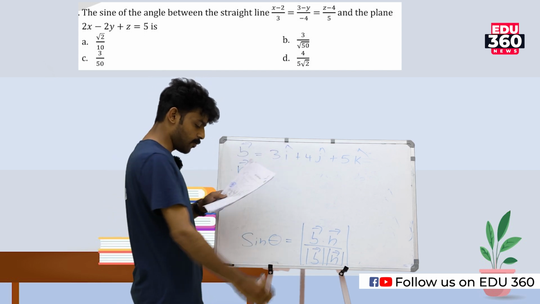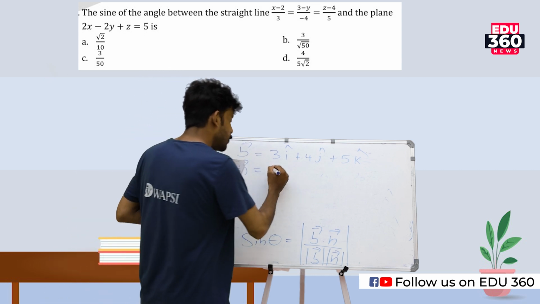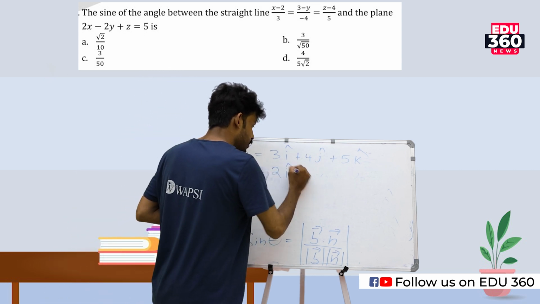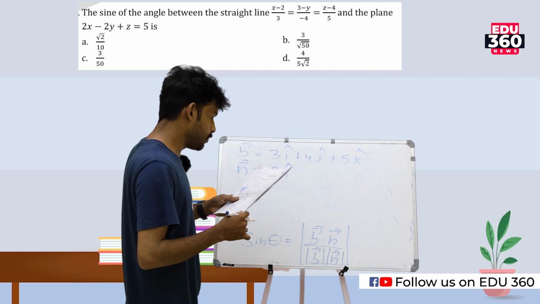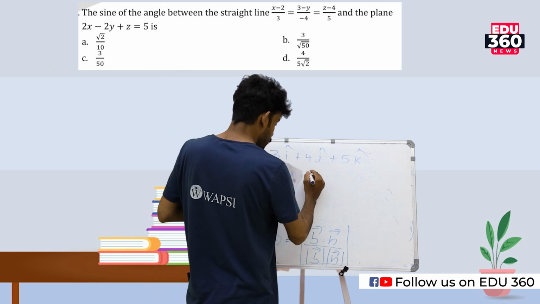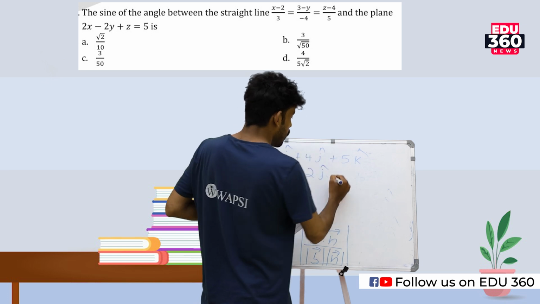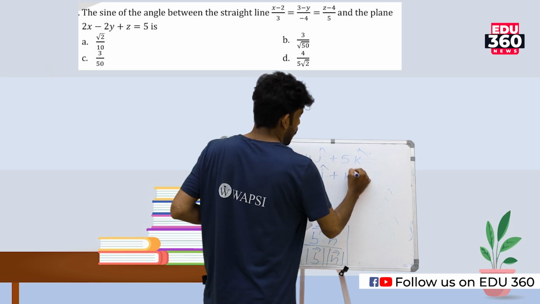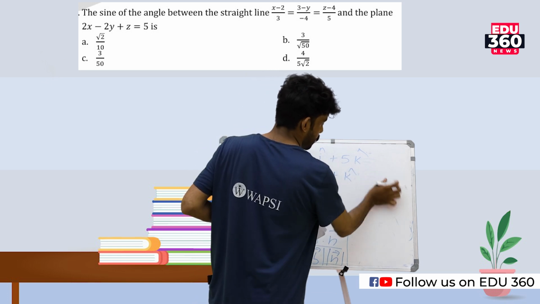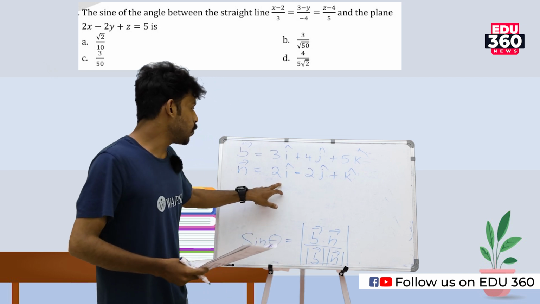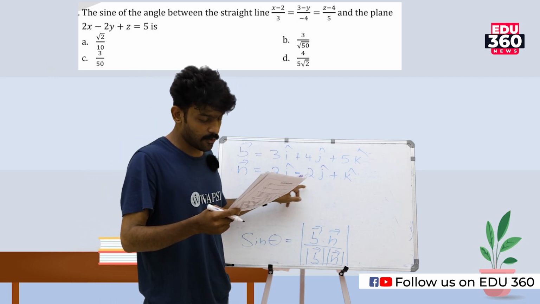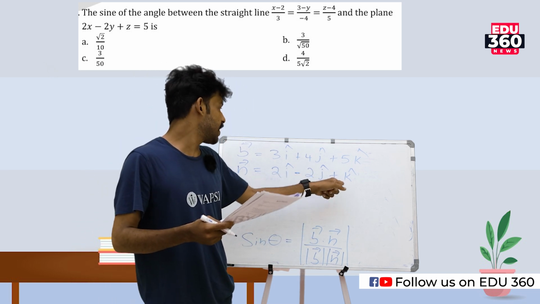The n vector is equal to 2i cap minus 2j cap plus k cap.